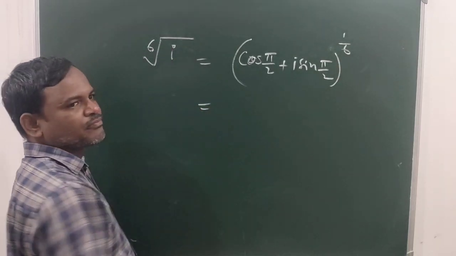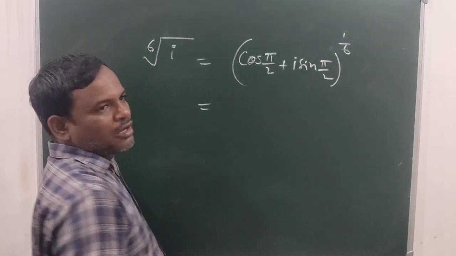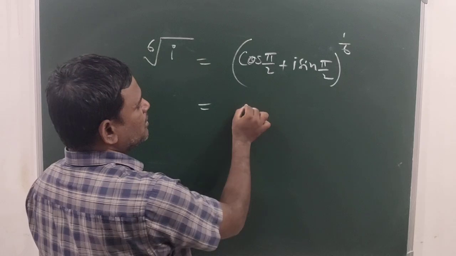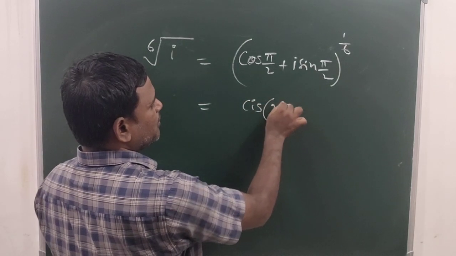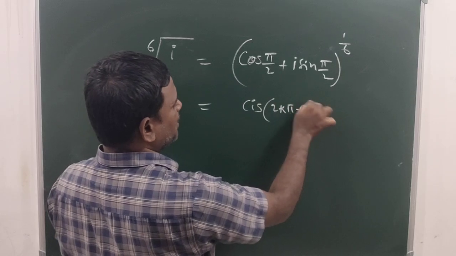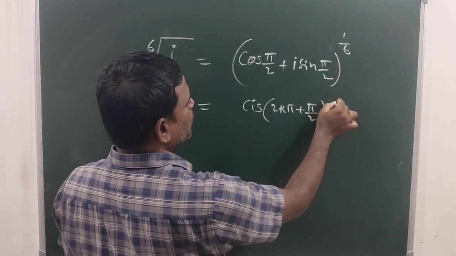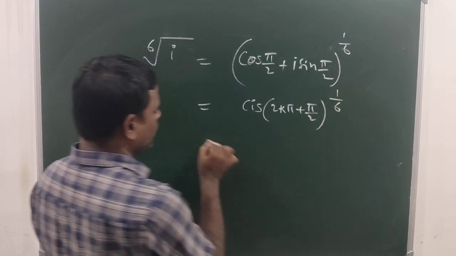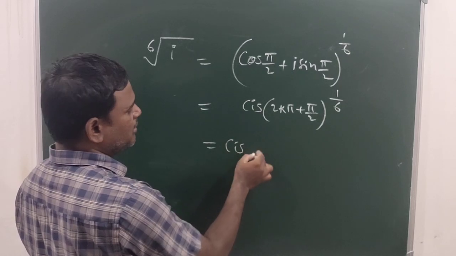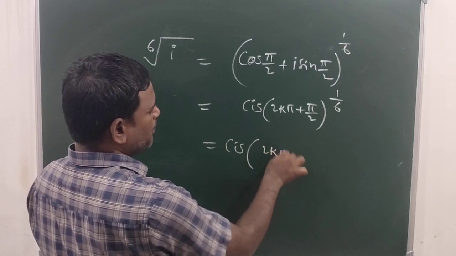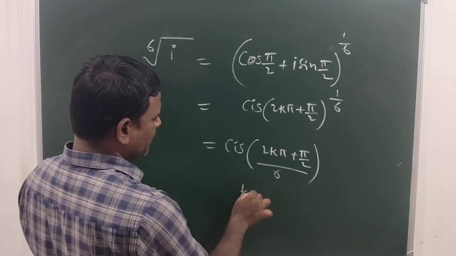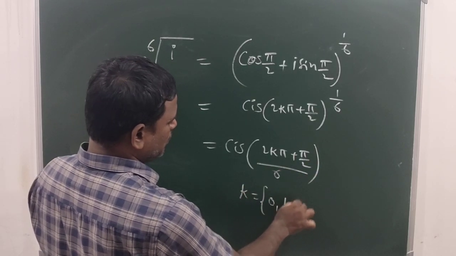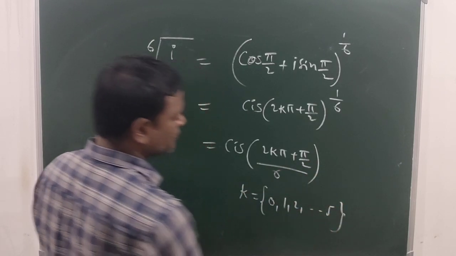Now apply the cis form: cis of 2k pi radians plus principal argument pi by 2, whole power 1 by 6. Now if you apply De Moivre's theorem, you get 2k pi plus pi by 2 by 6, where k will take the values 0, 1, 2 till 5.